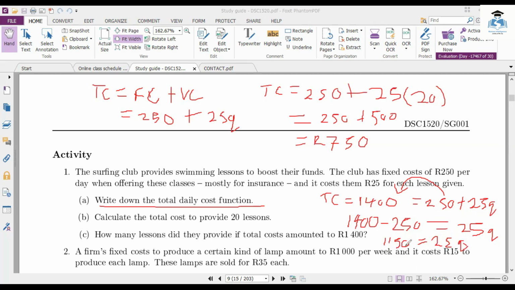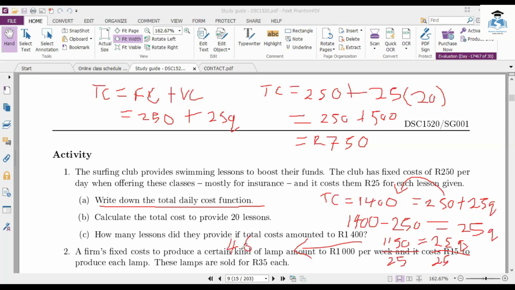We divide both sides by 25. Then what will be our answer? 46.